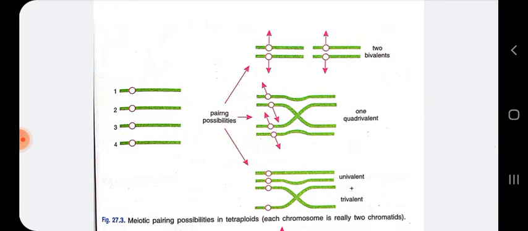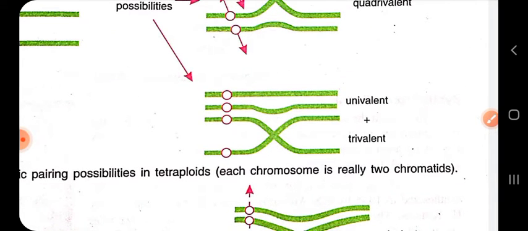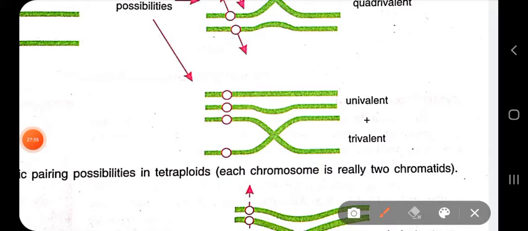But if they move in a univalent-trivalent fashion, that means 3 chromosomes in one pole and 1 chromosome in the opposite pole. See, this chromosome is moving to this pole and the rest of the 3 chromosomes are moving to this pole. The arrow mark has not been shown. Then it leads to non-viable or non-functional gametes.